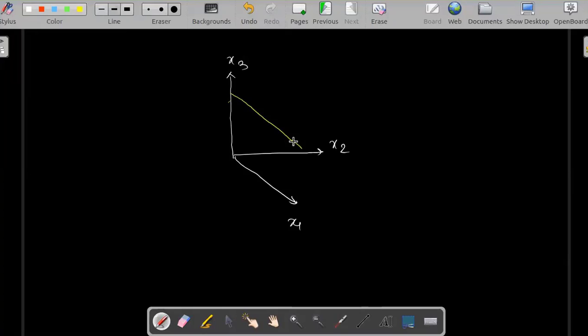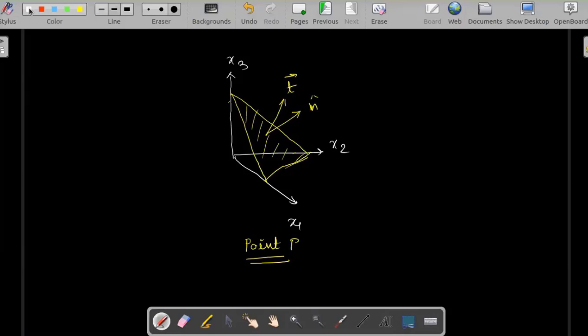Now we are considering a plane with normal n, and the traction vector on this plane is t. Again, we are analyzing point P only, just a zoomed version of point P. The normal to this plane is n, and we have the traction vector t.